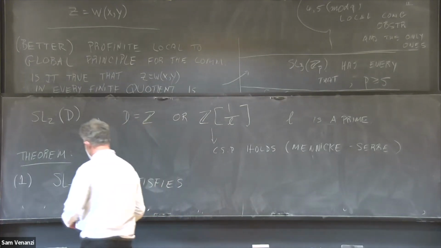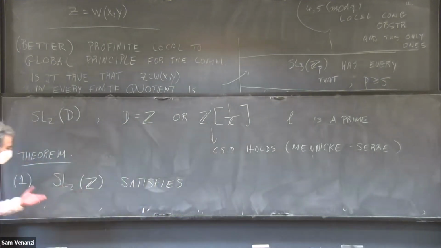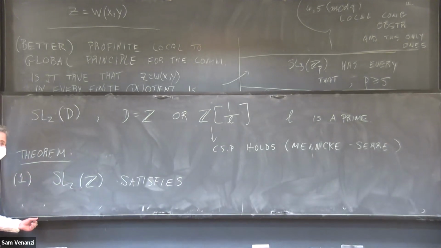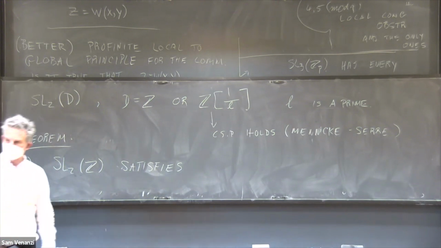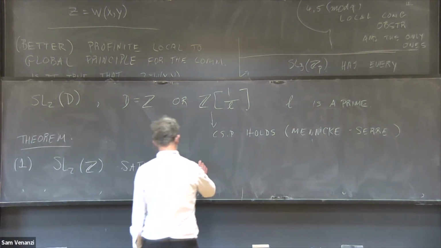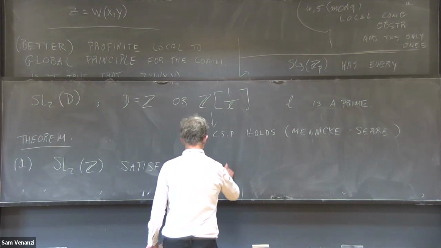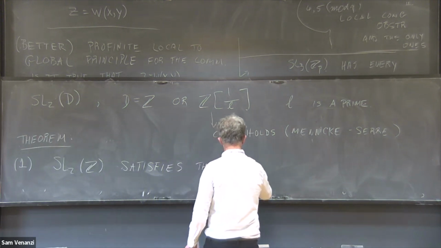So there are many elements in SL2Z, many conjugacy classes, which aren't one commutators, but they are recognized by finite quotients. Let me write it down.